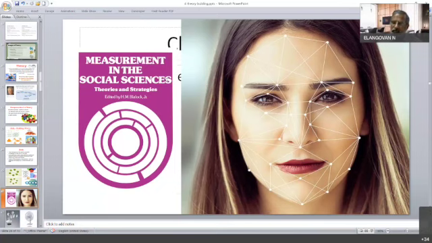Pressure, length, weight, temperature, you can measure anything. How do I measure a social science phenomenon? Measurement of social science phenomena becomes the biggest challenge for any researcher. That is where we all make mistakes or do not understand it, and it becomes a challenge for us.